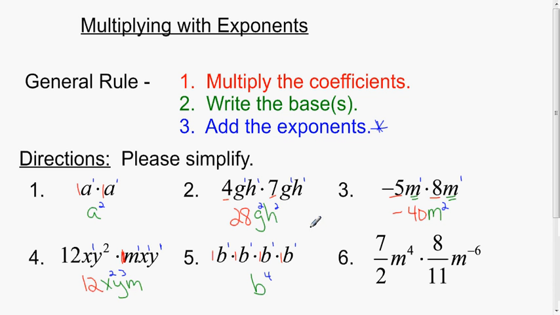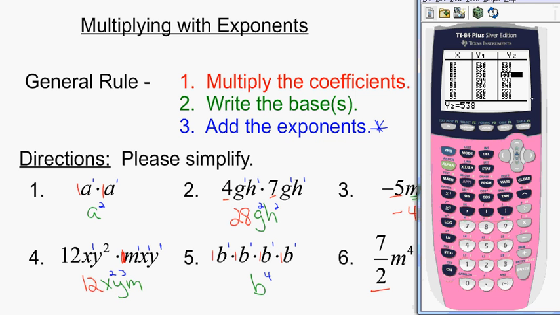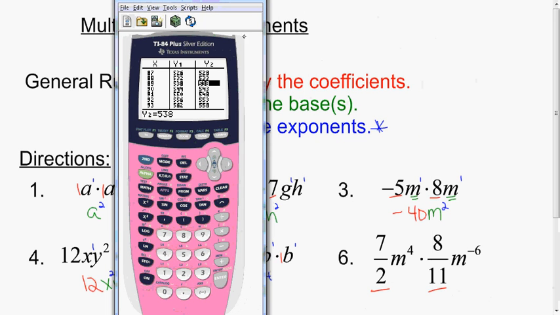Okay, just a little bit of a curveball in the last example. We're going to move this into just a little bit harder, just to have you see that this does get into harder problems. So we see that we're going to multiply our coefficients, which are 7/2 and 8/11, and there's no shame in going to our calculator.